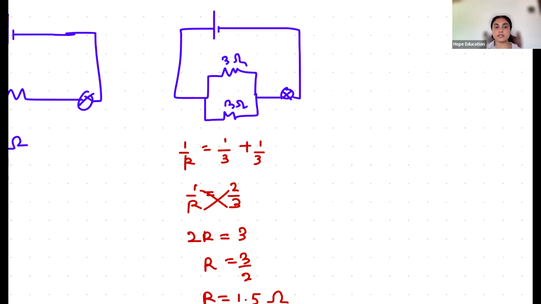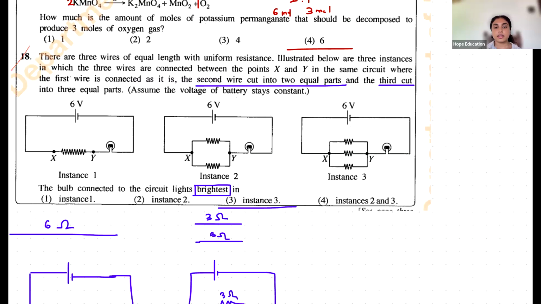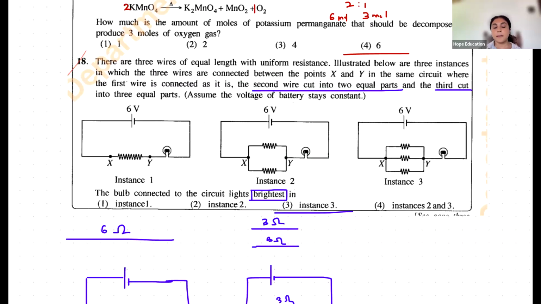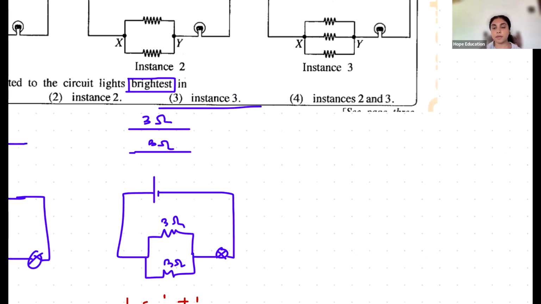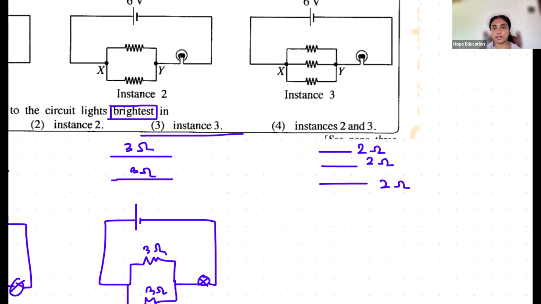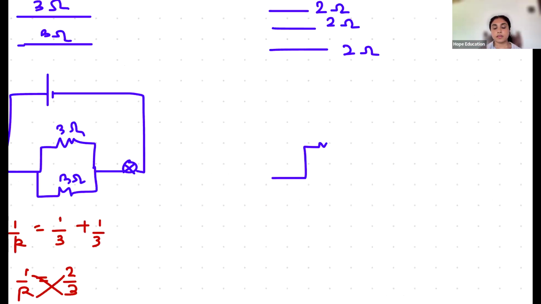Then let's look at the third instance. The wire is cut into 3 equal parts. If the 6 ohm wire is cut into 3 parts, that is 2 ohm, 2 ohm, 2 ohm. Let's try that. These are connected in parallel. Like this, 2 ohm, 2 ohm, 2 ohm.